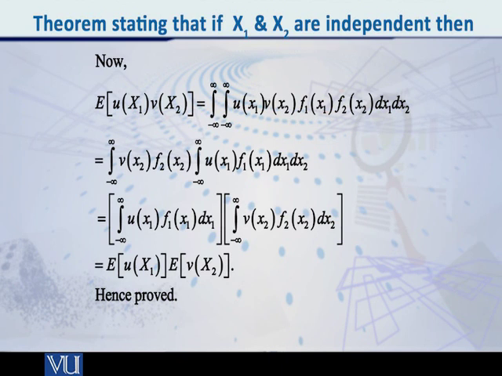Hence, we have been able to prove that if x1 and x2 are independent, then the expected value of the product of any functions of them is equal to the product of the expected values of those functions.